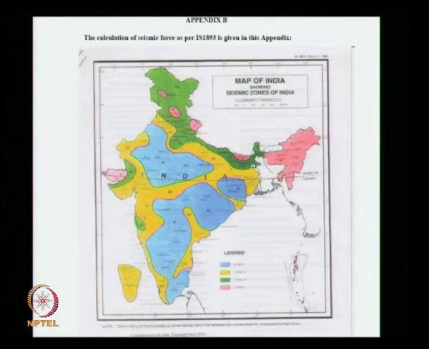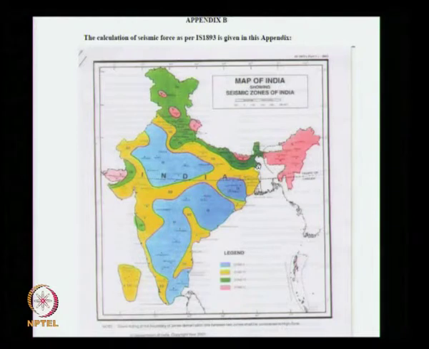You are missing the important thing. Pink color is shown elsewhere also. Not only the northeast, that is the Himalayan belt. These are all part of the Himalayas.